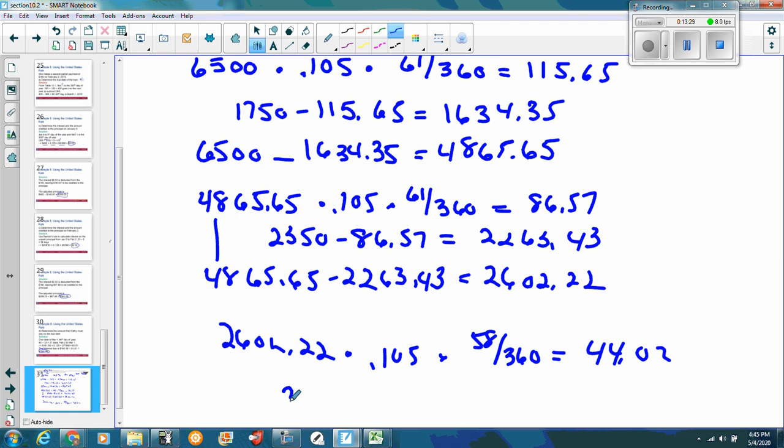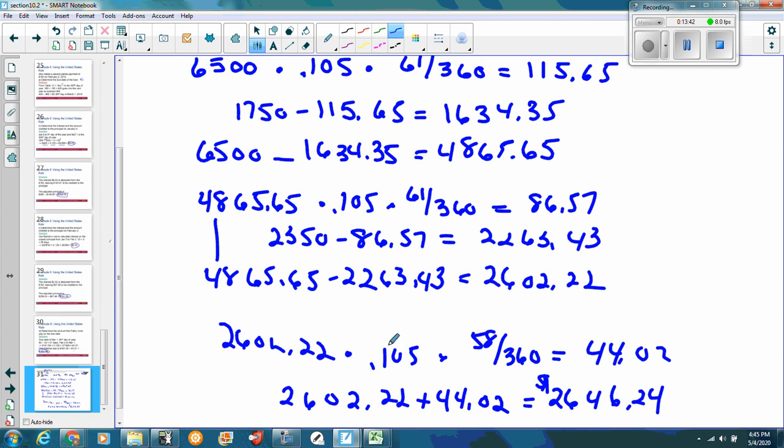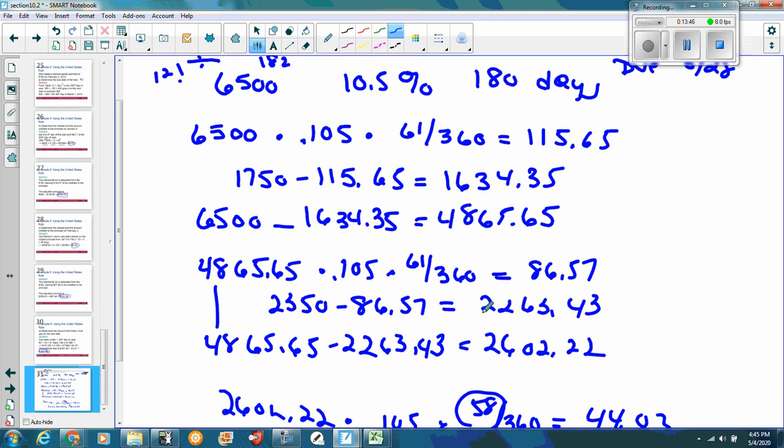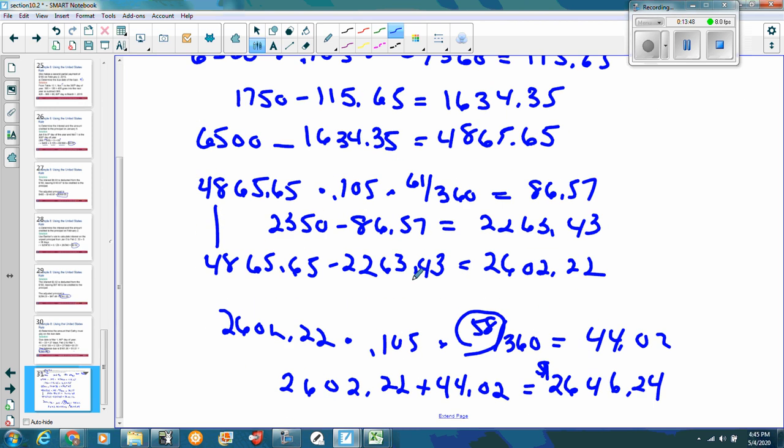So I add that to my principal. So when my loan payment is due, they now owe that amount, because this is how many days it is from 7/1 until August 28th, which is what we said was the due date.